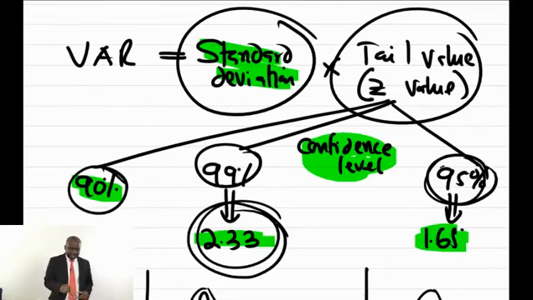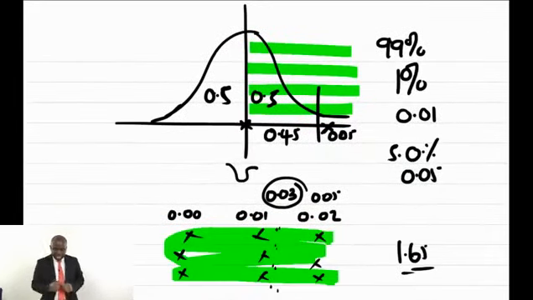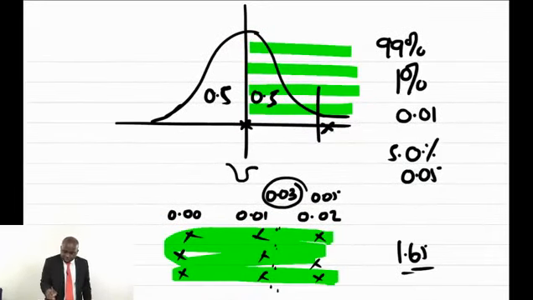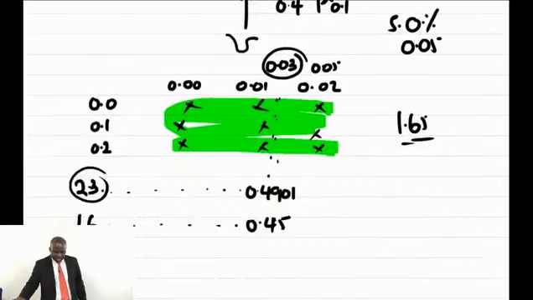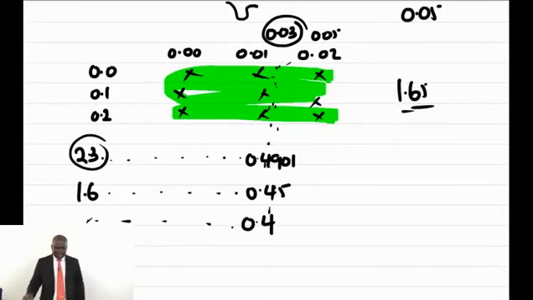If it is 90%, you doubt 10%. In that case, this place is supposed to give you 0.4 because this is going to be 0.1. You read 0.4, match down there, match up there, and add those two figures. I think it's 1.2 something. I can't really get it straightforward. And then you multiply by the standard deviation.